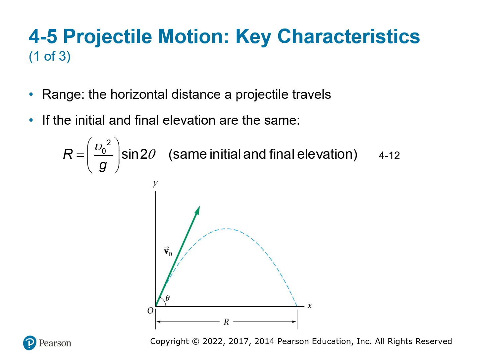This is derived for you. This can help you find your range as long as you are in the perfect world and you start and end at the same elevation. And it doesn't have to be 0. You could start your elevation at 2 meters and end at 2 meters, and this would still work just the same. But you use your velocity squared divided by gravity times sine of 2 theta. And remember, your theta is your angle with respect to the x-axis.